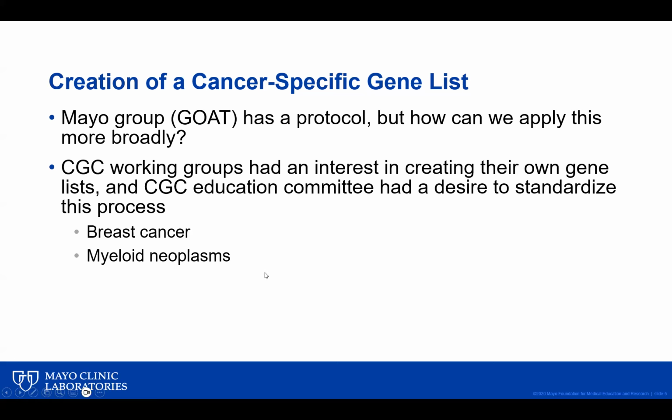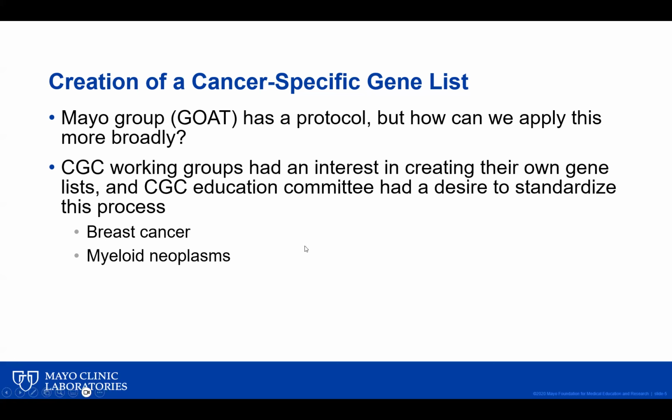We felt like this was a really good fit because while we're standardizing this process, we could ensure that the process would work for both solid tumor entities as well as hematologic malignancies. And both of these cancer types are really well studied as well. So there's a lot of molecular data out there to support using a gene list for these.